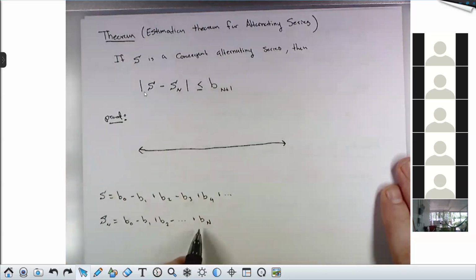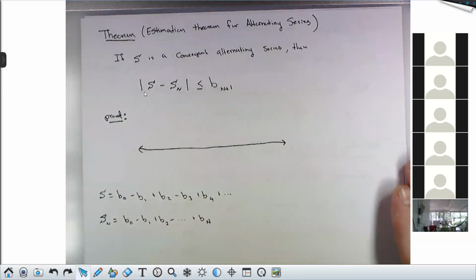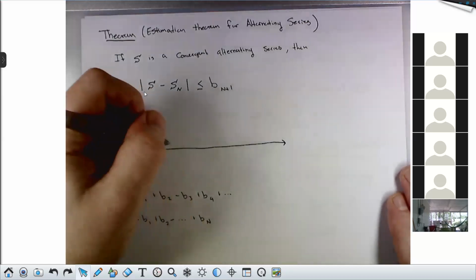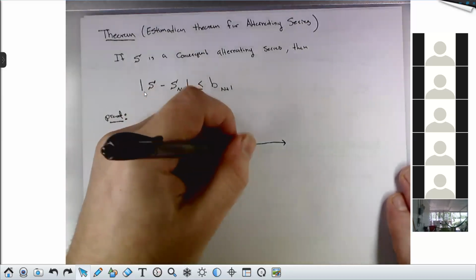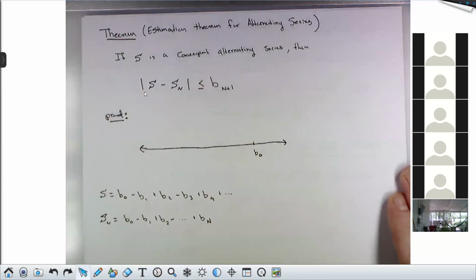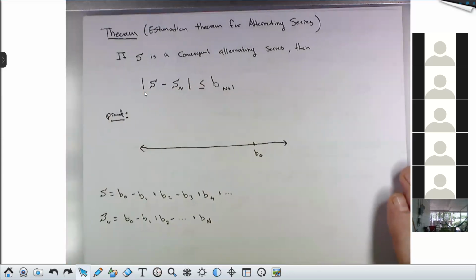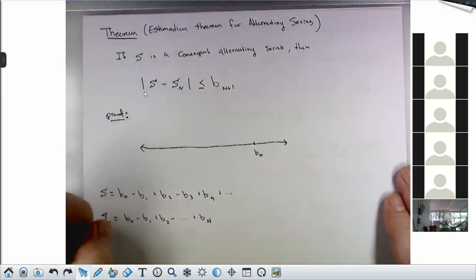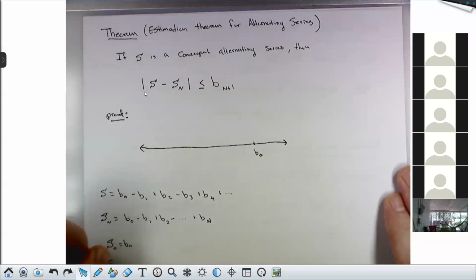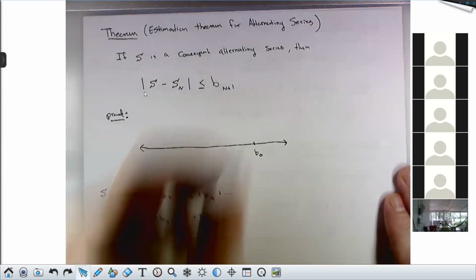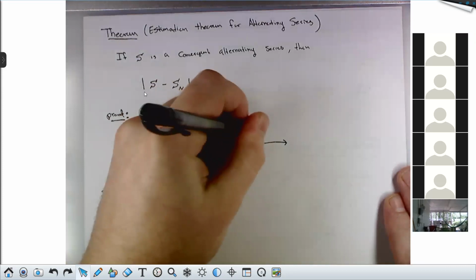And this may be positive or negative depending on what capital N is. Suppose B0 lives over here. The first partial sum, S0, is just B0. The next partial sum, S1, is B0 minus B1. So B0 here is also S0.